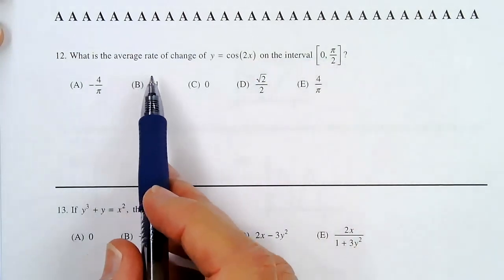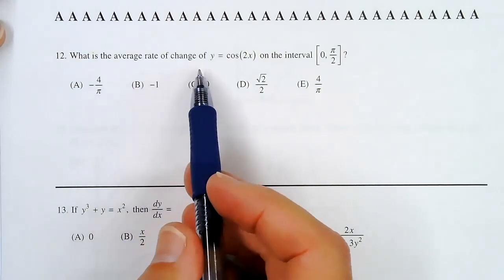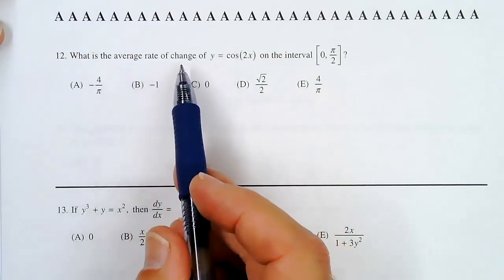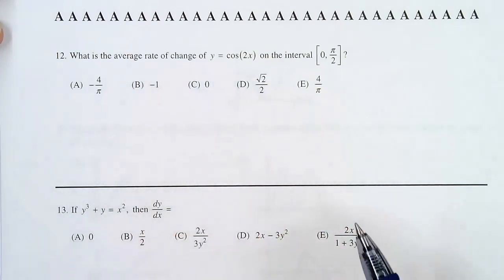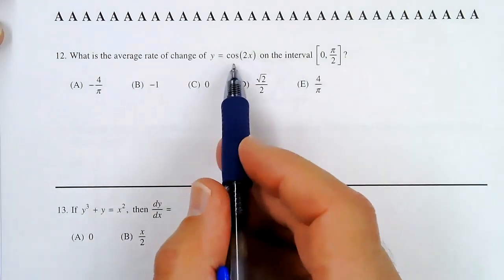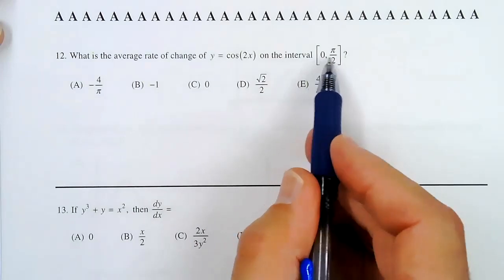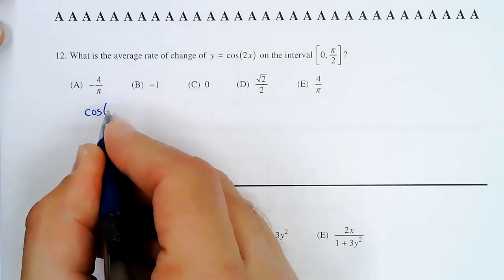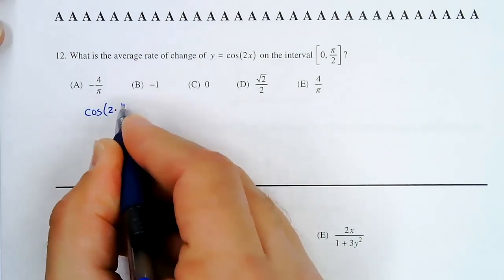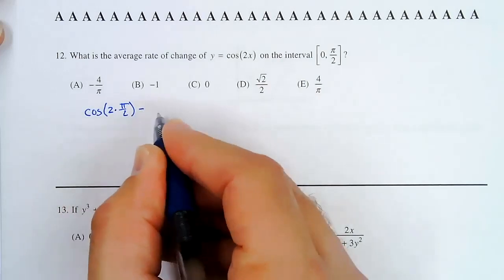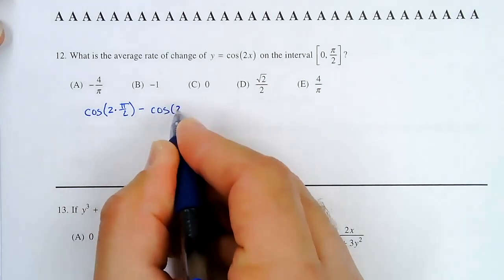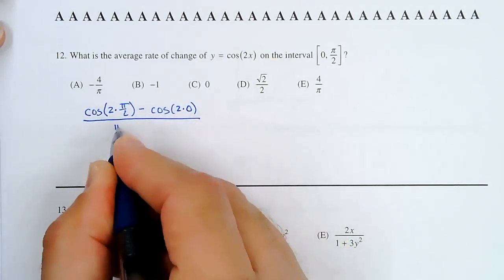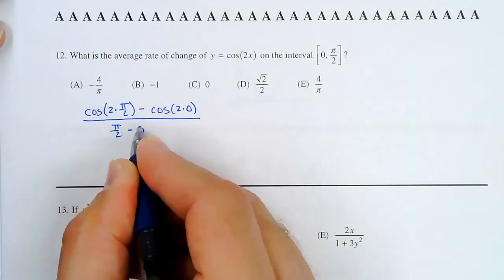Now, we've got to remember the difference between average rate of change and average value of the function. So average rate of change is the slope of this function between these two endpoints. So this becomes cosine of 2 times pi over 2, because that's the right endpoint, minus cosine of 2 times 0, because that's the left endpoint, over pi over 2 minus 0.